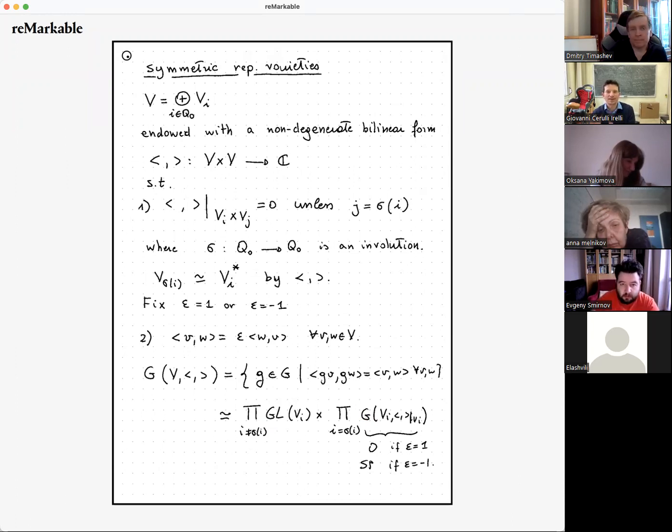And then one can mix them. This is also easy to do, but no, I've never seen exceptional groups acting on representation varieties associated to quivers. But that's an excellent point. Yeah, I don't know.